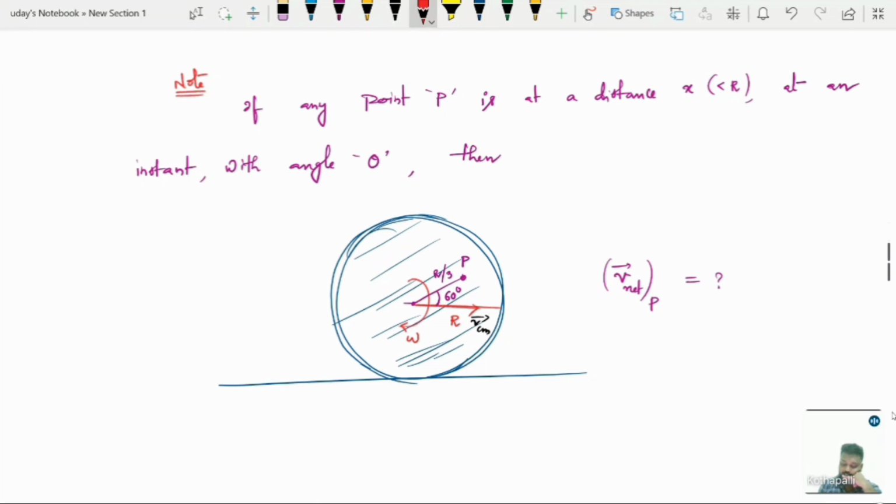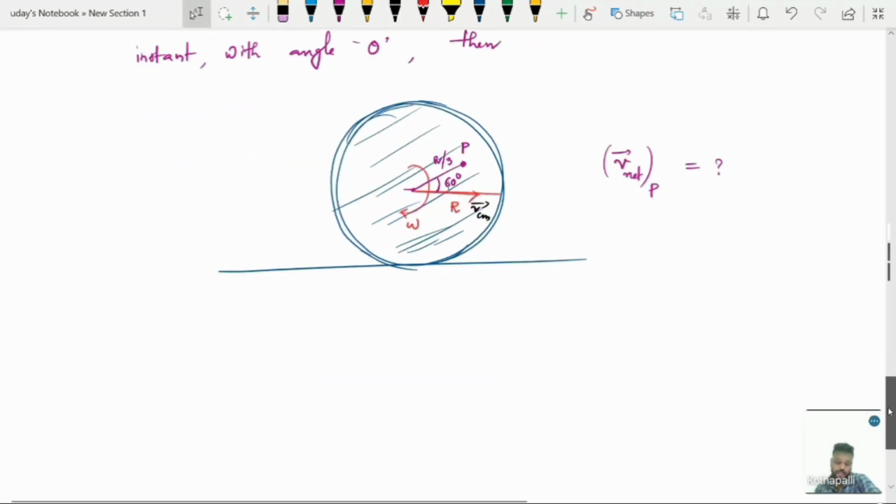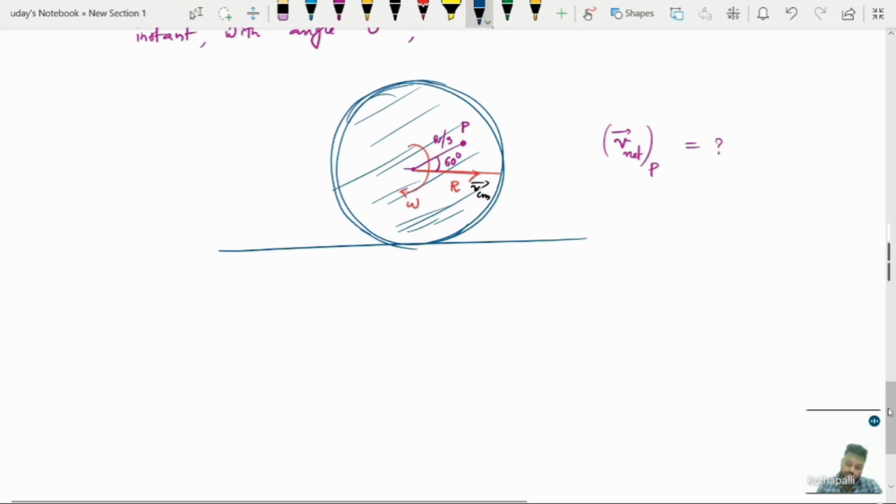See, this point's velocity I want. So look at the situation. This particular point's velocity I want, which is at an angle 60 degrees with the x-axis. So at this instant, it is rotating like this, so because of the rotation it will have a velocity of rotation like this. You take it as pure rolling motion.